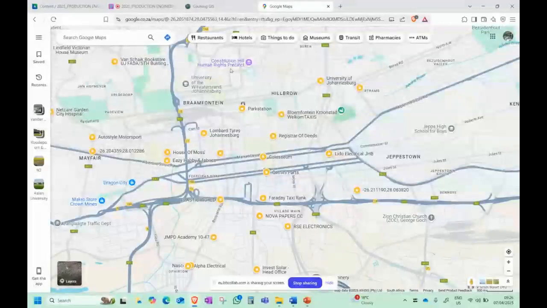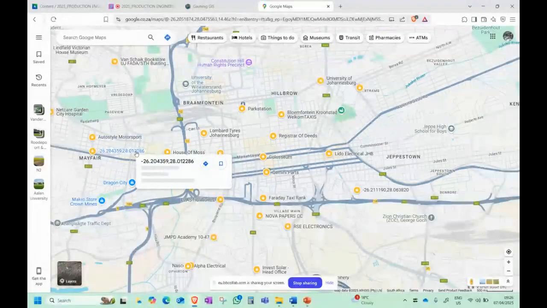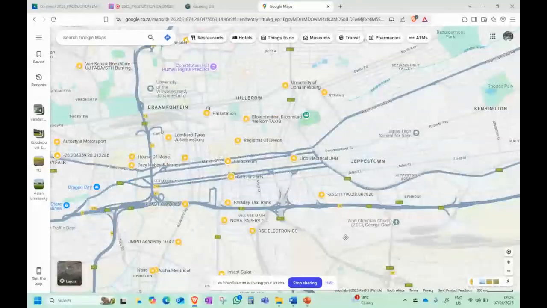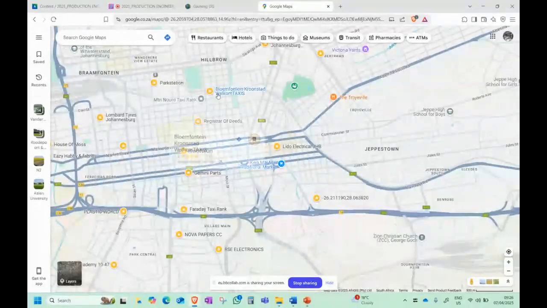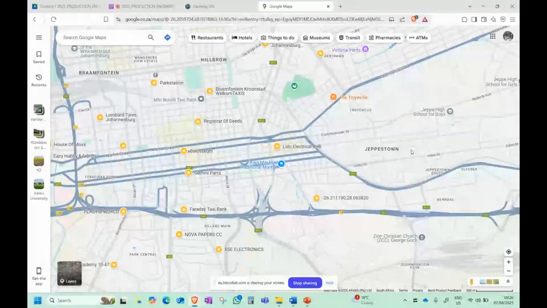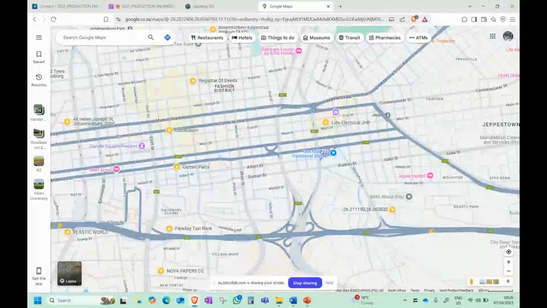You have your Constitution Hill. You have your ZCC there at Moria, and your Bloemfontein, Kroonstad, Welkom, Texas there, and you have KwaMai-Mai. Let's not ignore KwaMai-Mai.